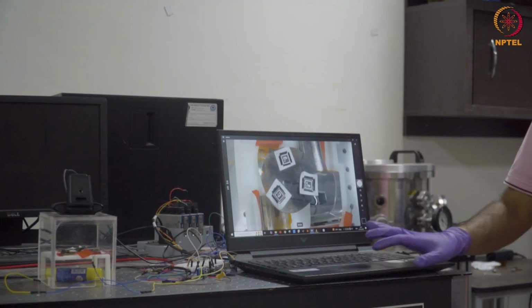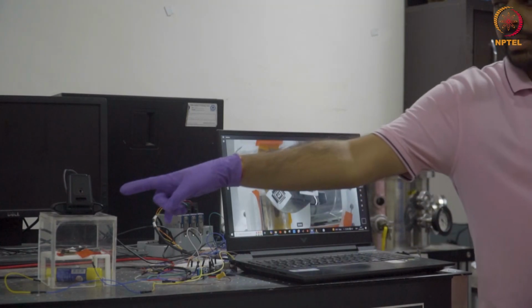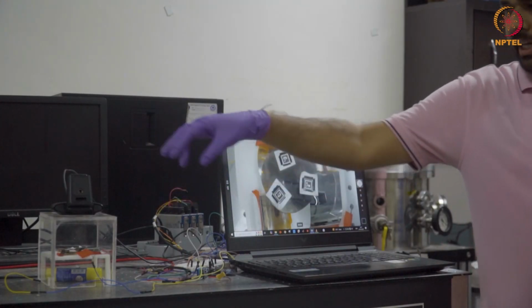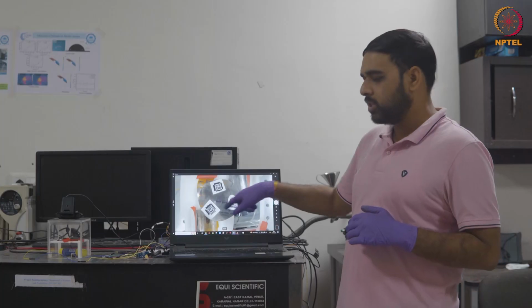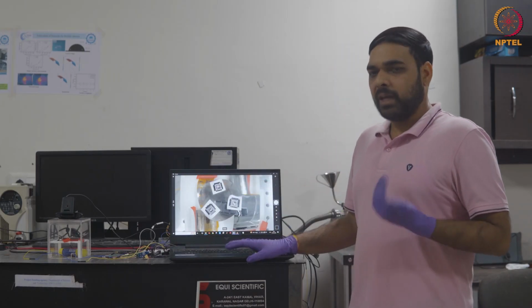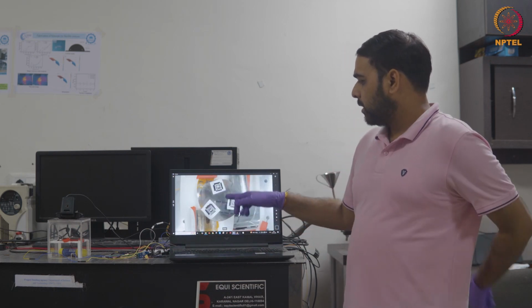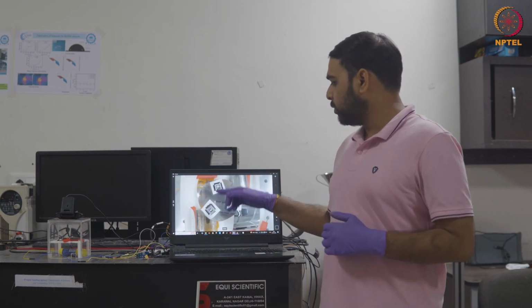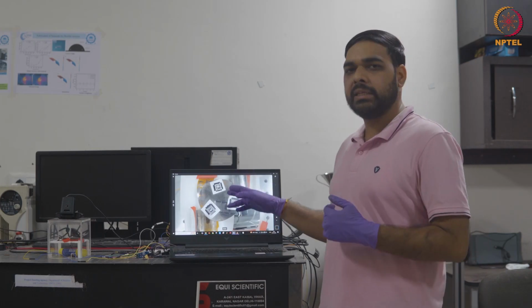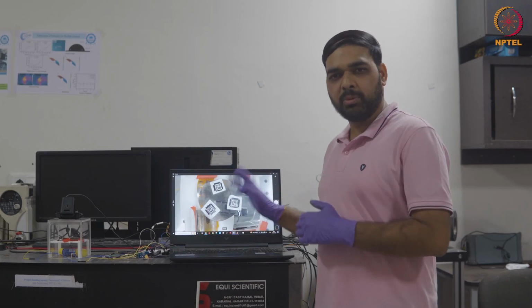Initially, at the horizontal position, there is a camera on the top, as you can see here. That camera continuously monitors the position of the ArUco markers. So initially our mirror is at the horizontal position, and in that position the camera takes the position of these 3 ArUco markers and generates the equation of a plane which corresponds to the horizontal position of the mirror.